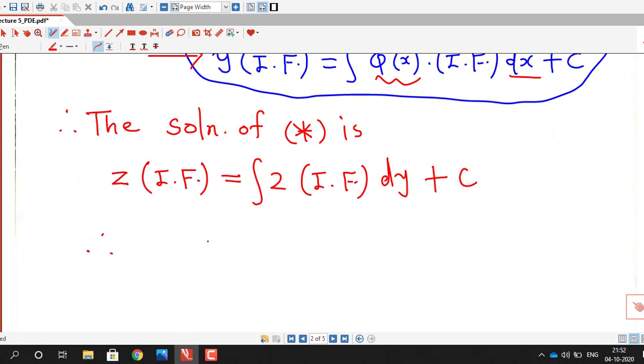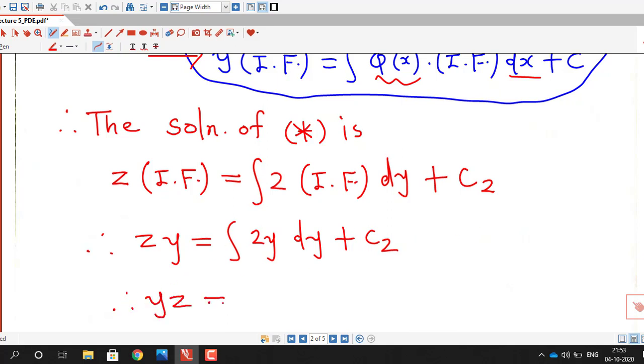So z into y equal to integral of 2 into y dy, plus, instead of c we write c2 just for convenience. Therefore we obtain y into z equal to integral of 2y, which is 2 into y square by 2 plus c2, so that is nothing but y square plus c2.